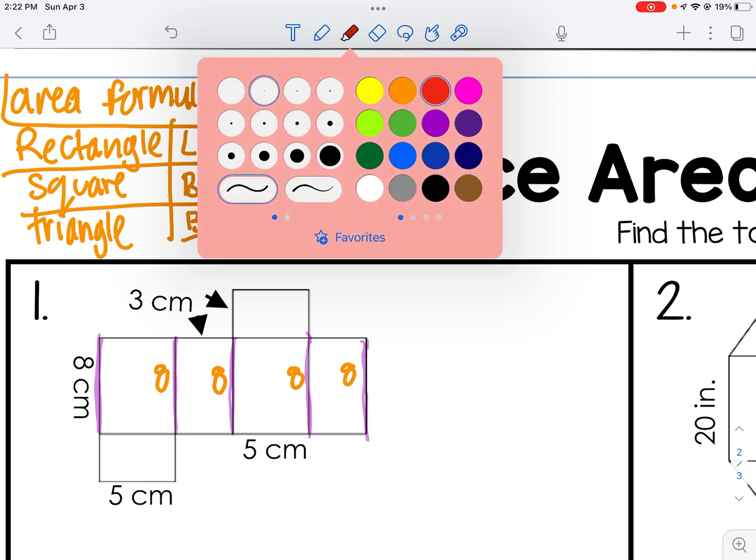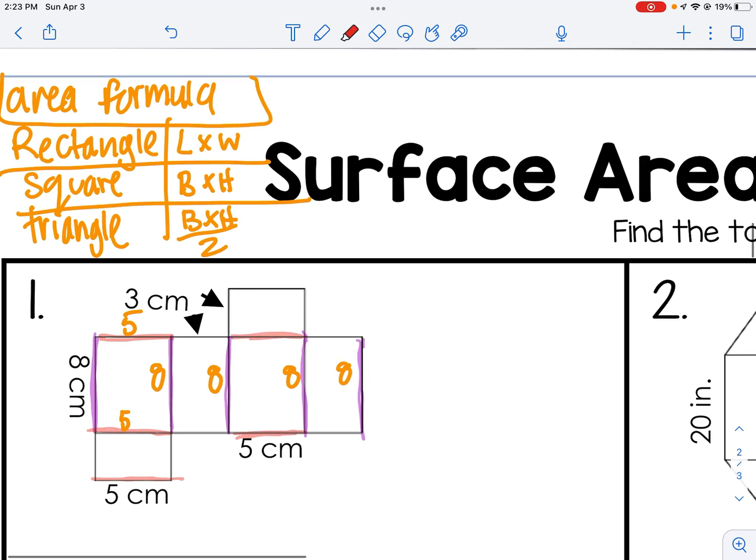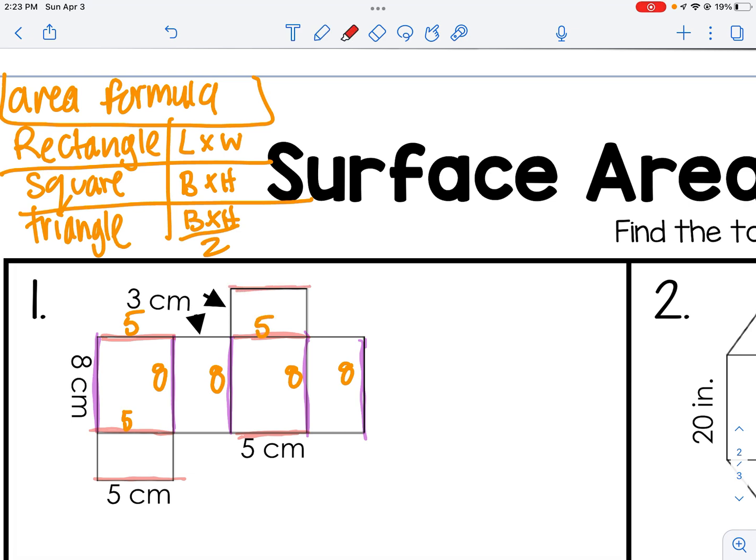I know this one's 5, which means if I keep going up, this one is also 5, which means this one is also 5. Okay, same over here. It says that this one is a 5, which means this one up here is going to be a 5, and this one up here is going to be a 5. So I'm just going through and labeling.